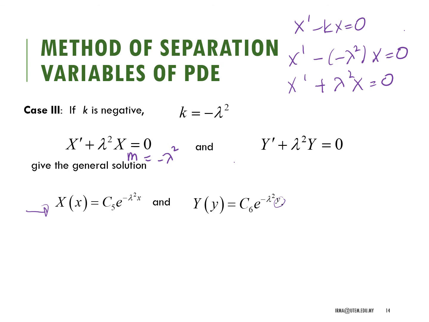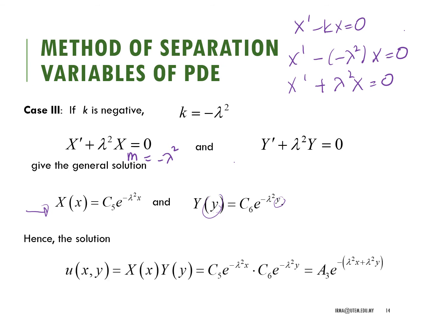Make sure you put the same variable, x for x and y for y. Finally, you can have the general solution u(x,y) equal to x times y. You just multiply the x that you obtained with the y that you also obtained before. Using the properties of exponentials, you can get these answers, where a3 is equal to c5 times c6.